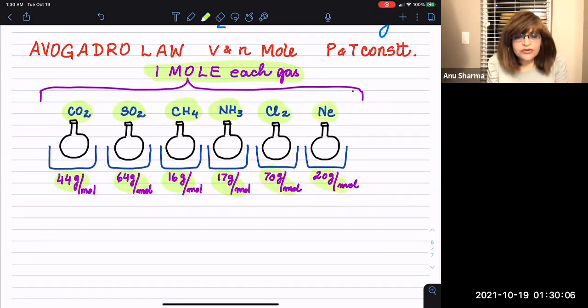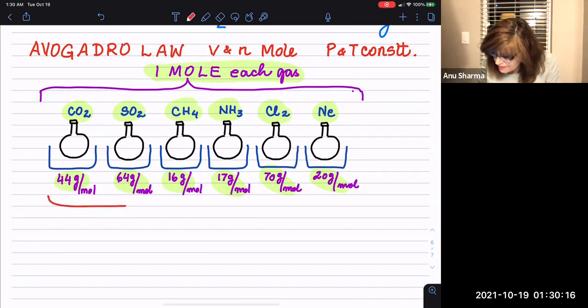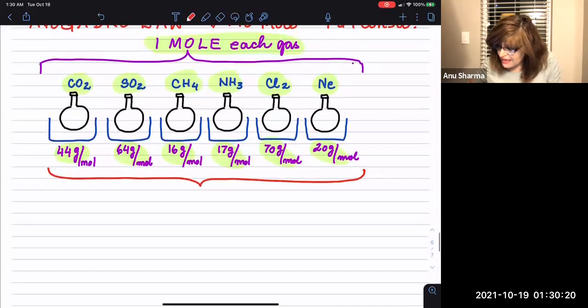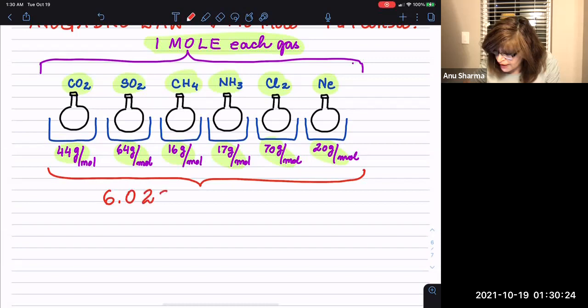So these are the weights of each of these gases, but each of these gases is 1 mole, which means that each of these gases is containing the same number of particles, regardless of what their weights are. The same number of particles, and those particles are 6.022 × 10^23 particles.